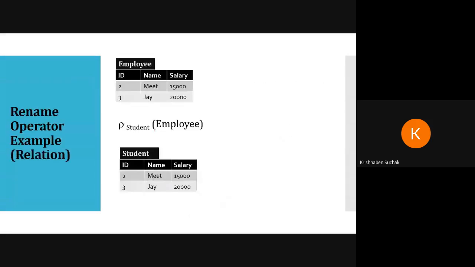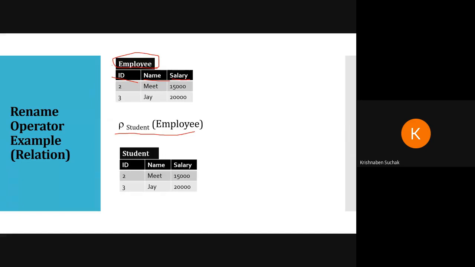Okay, let us look at the example. See, here we have one table, or you can say relation, which is named employee, and we have three columns or attributes, that is ID, name and salary. So here we are writing row, student, employee.